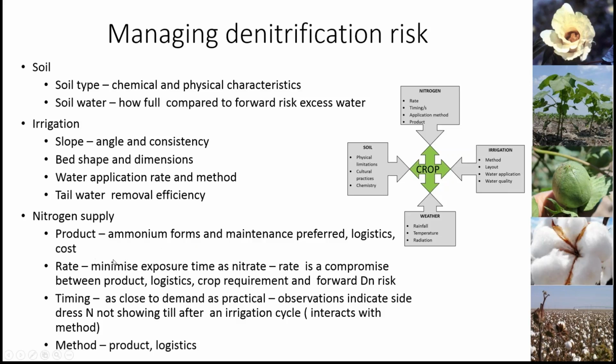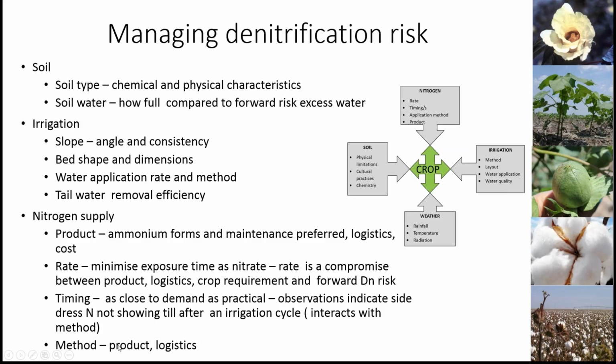So we're not risking having too much in the nitrate form in the soil at a time we have loss. The timing, it's really understanding the cumulative demand of the crop versus our application strategy and our irrigation cycles, and any limitations that are in there, and the methods of application.